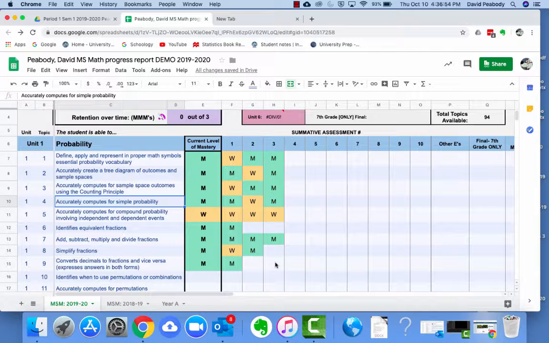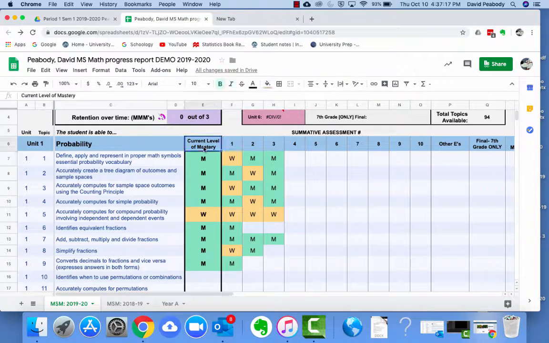So for example, are there times when a student, this is me, had a W at first, but then several M's. So this first one has happened, even this line number 9, where I accurately computed for sample space outcomes using the counting principle. Are there times when there might be several W's and there's currently still a W?